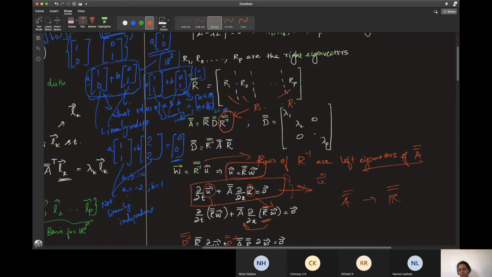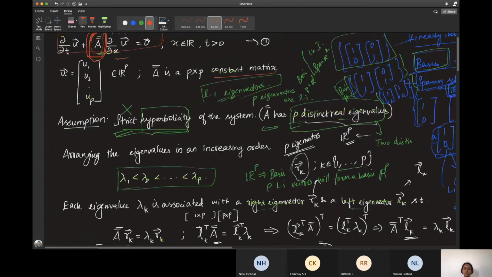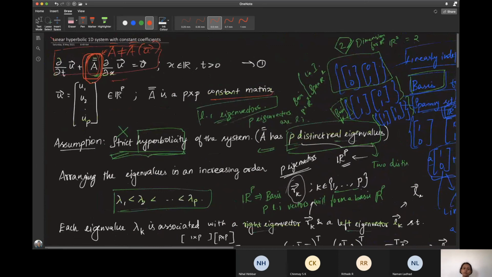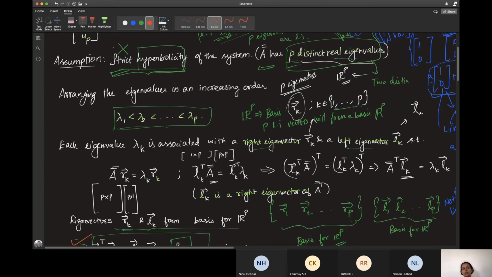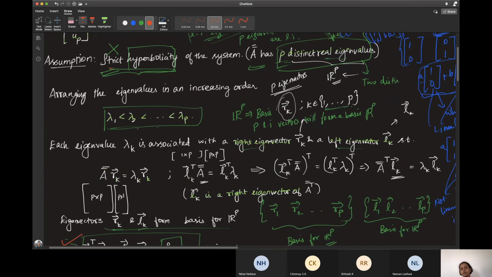So you just take a system which is 1D, linear and hyperbolic. Because of these properties, you have linearly independent eigenvectors. And since it's strictly hyperbolic, it's possible for us to arrange those eigenvalues in some specific order.